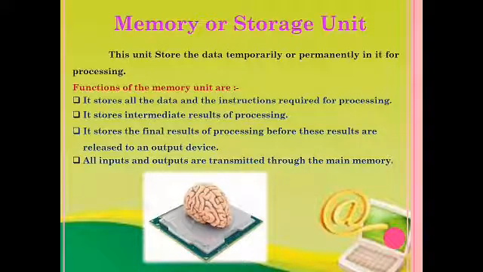The first part, memory unit or storage unit. The memory unit holds only the data on which the computer is currently working. This unit can store instructions and intermediate results. This unit supplies information to other units of the computer when needed.